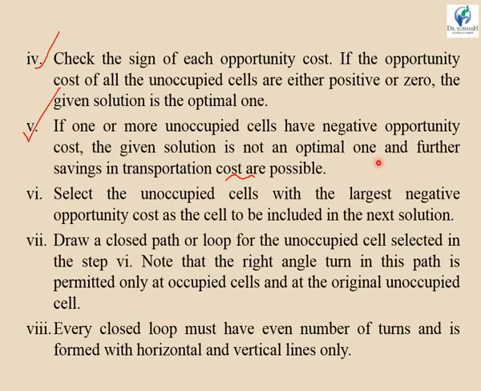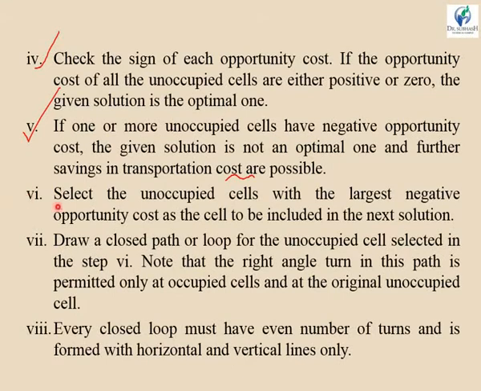That indicates that there are further chances of reduction in the transportation cost. That is a blessing for us, because what is our ultimate aim, our main objective? Our main objective is to reduce the total transportation cost. So if any unoccupied cell's value is negative, then we have not reached the optimal solution yet, and further procedure is to be done to reach the optimal solution.